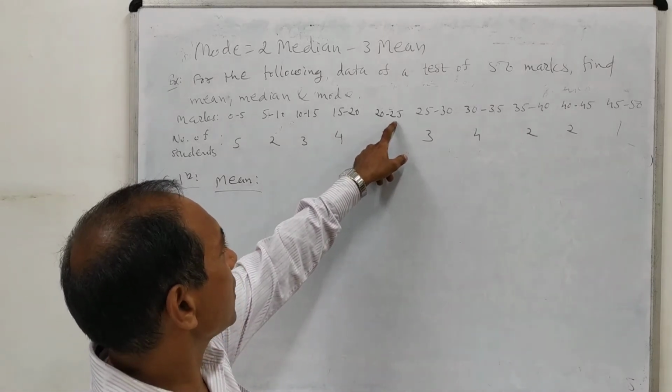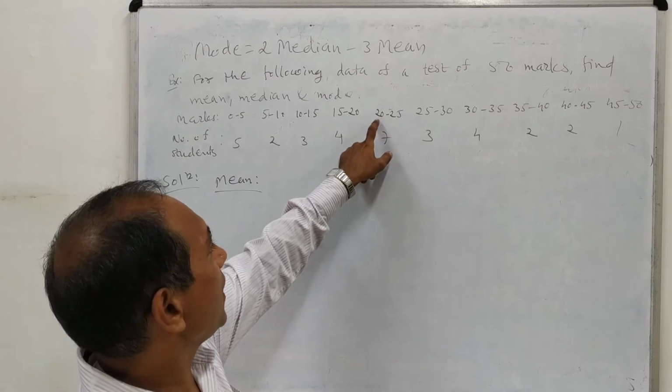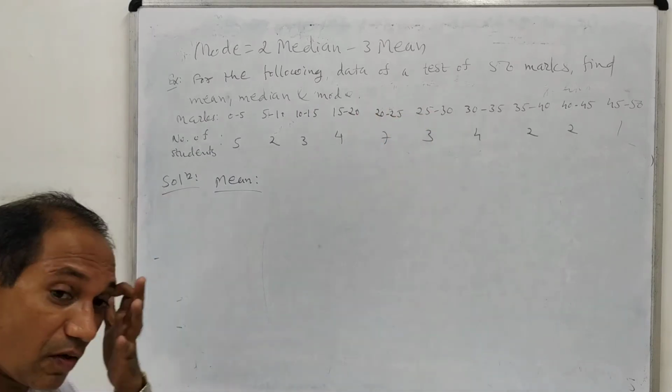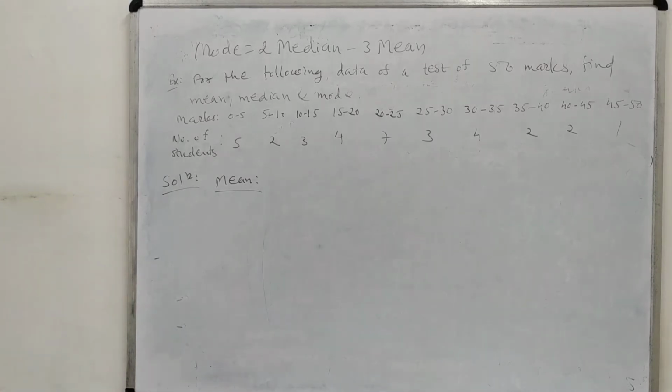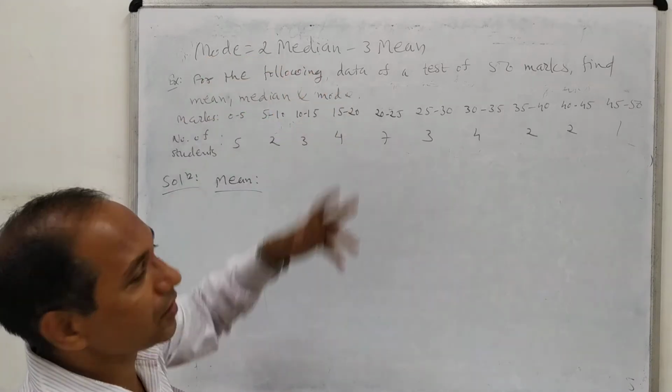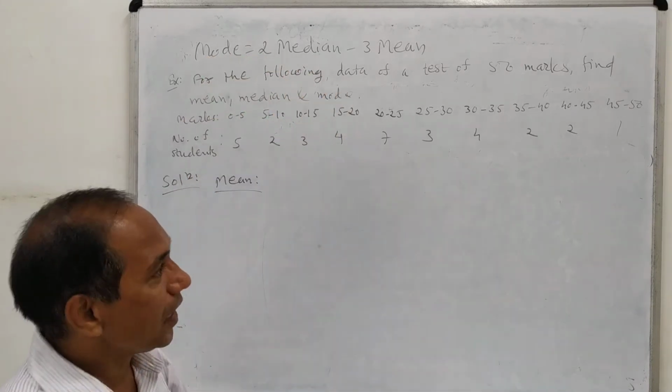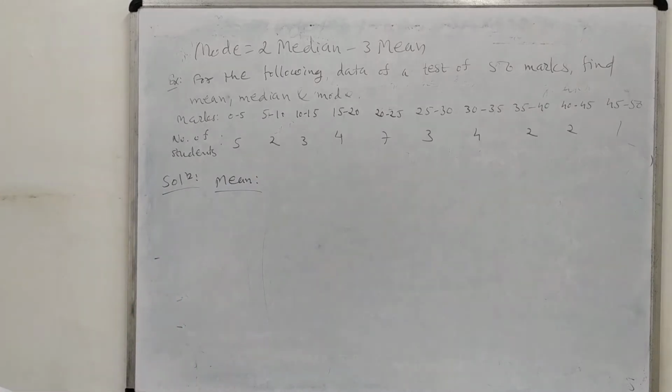Corresponding modal class is 30 to 35. So capital L, F0, F1 and F2 are there. So mode is also very easy to find out. So if you want to find out mode, you can find out. Median is also very easy to find out because for median we will require to find out cumulative frequency, and this we will see in this process.